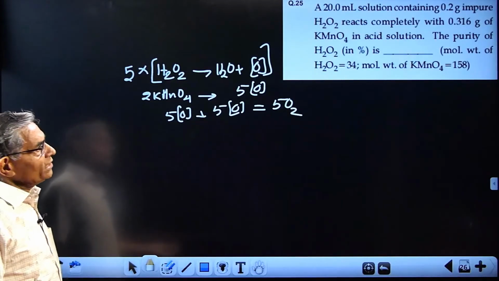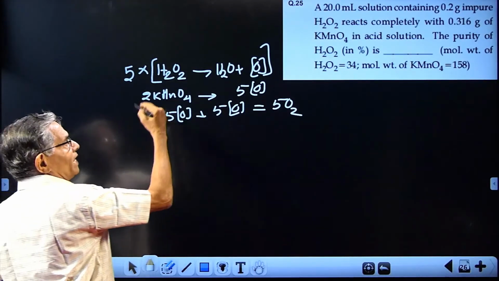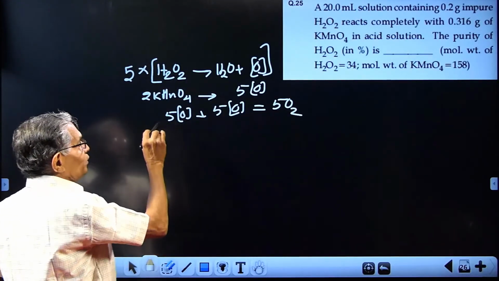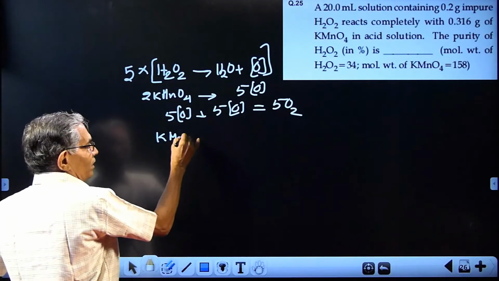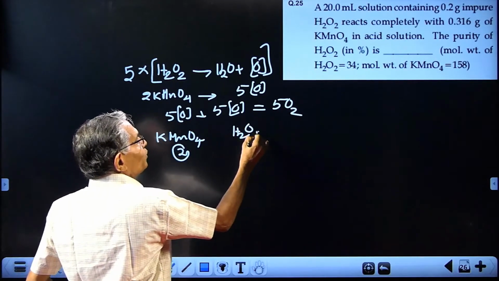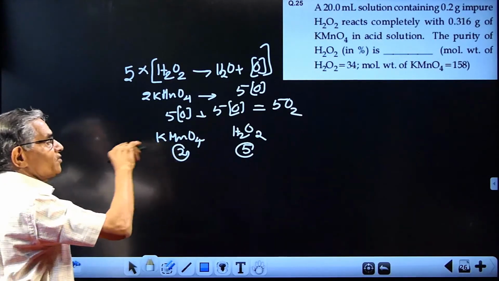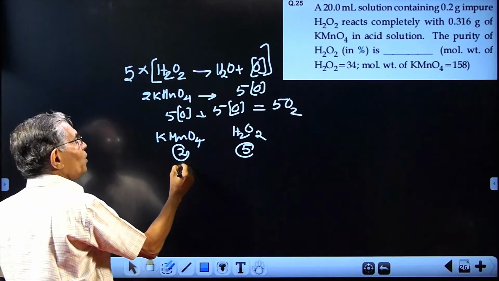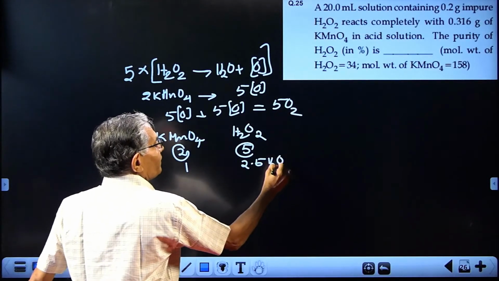In terms of oxidation number also the same answer you will be getting. In fact, KMnO4 reacts with hydrogen peroxide in the ratio 2:5. For 2 KMnO4, you require 5 H2O2. Now, in terms of masses, you can have it as 1 KMnO4 requires 2.5 H2O2.